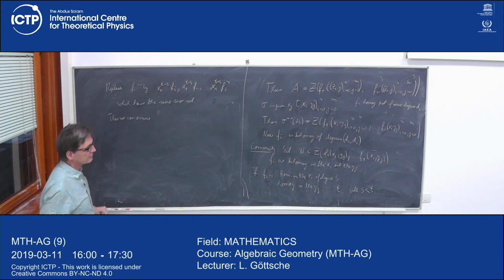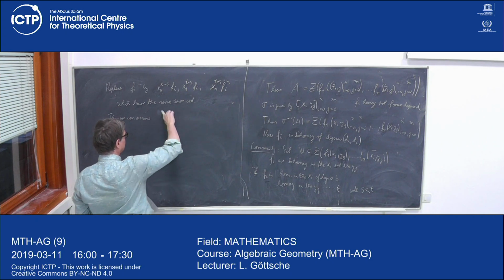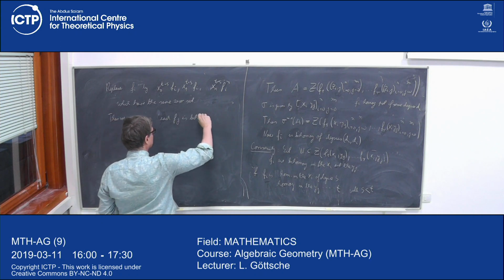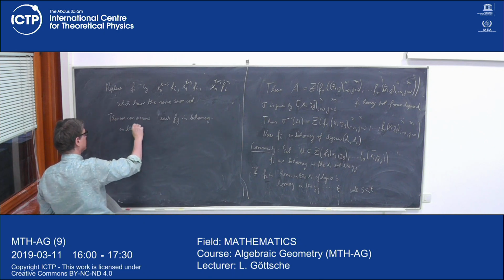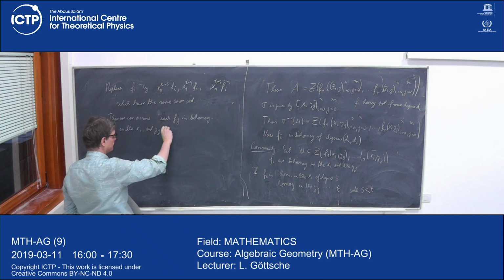that all the polynomials fj are bihomogeneous in the xi and yj of the same degree.